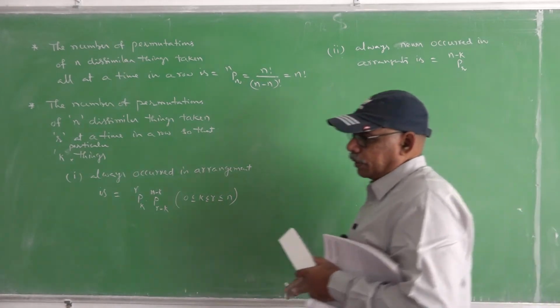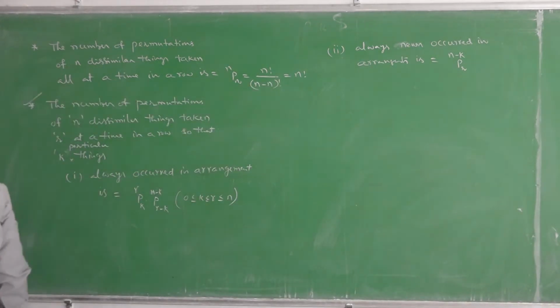So, this is the permutations based on the restrictions.